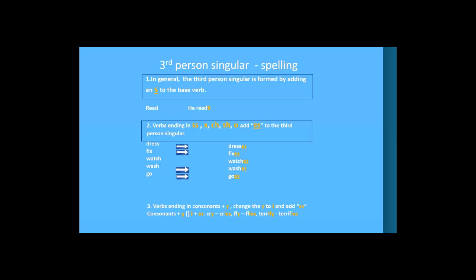Okay, right. The third rule is when the verb ends in a consonant plus a Y, then we remove the Y, and then we add an I and then add ES. Okay, so remember, consonant plus Y, we remove the Y, add an I, and then ES.